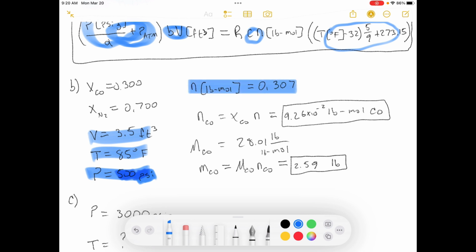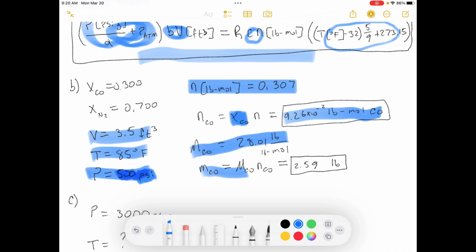Then we calculate the number of moles using our equation up here, and then we can convert the moles into pound moles of carbon monoxide. Then we use the molecular weight of carbon monoxide in order to calculate the total number of pounds of carbon monoxide in the tank, 2.59.